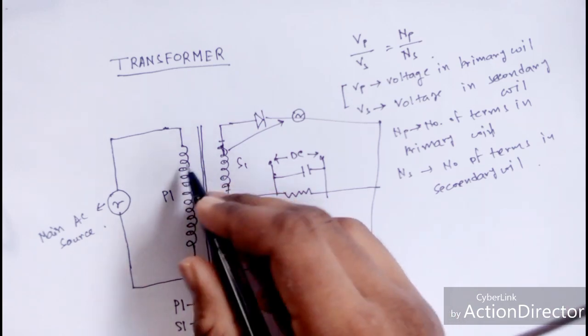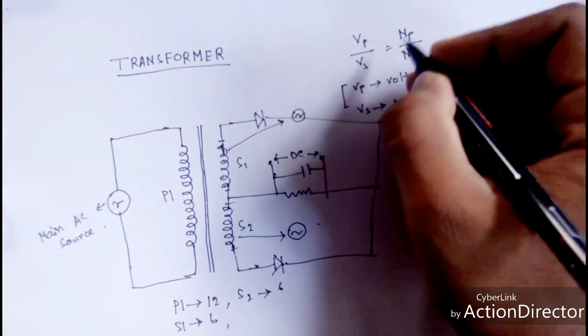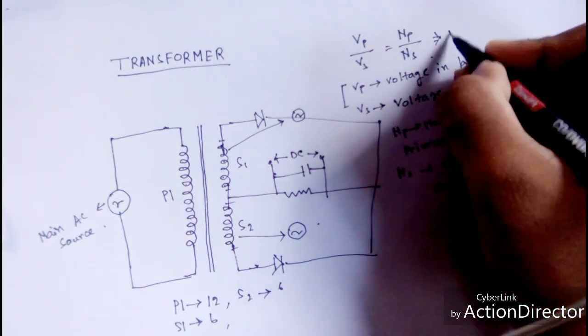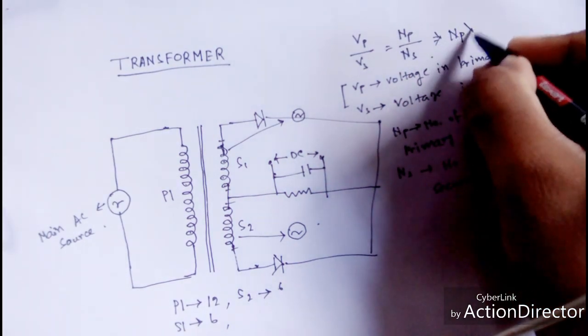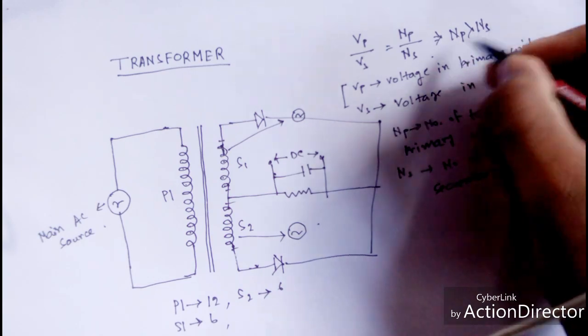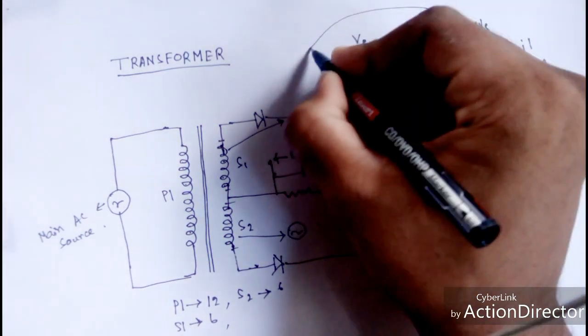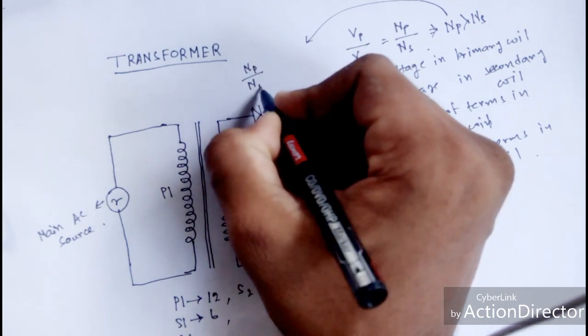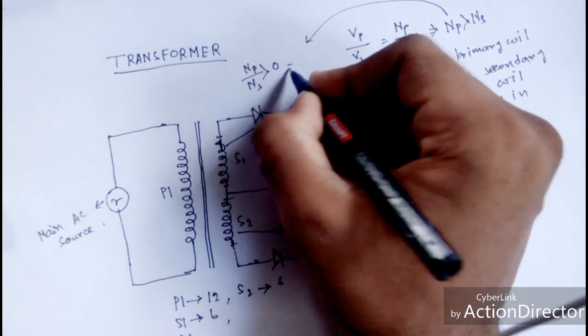So here we can get that if Np is greater than Ns, we can write Np by Ns greater than 1.